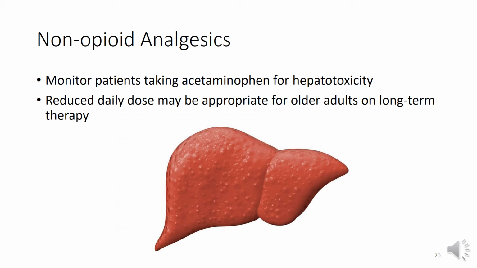They are COX inhibitors, or anti-prostaglandins. Monitor your patients taking acetaminophen for hepatotoxicity, and a reduced daily dose may be appropriate for older adults. We talked about that already. Okay.